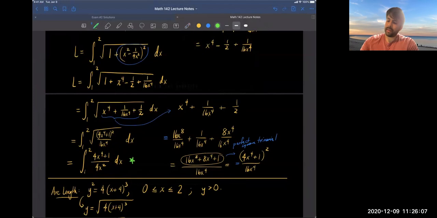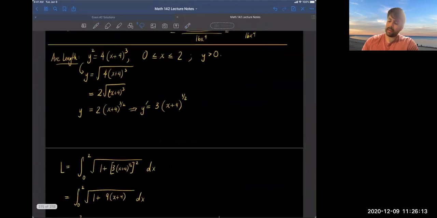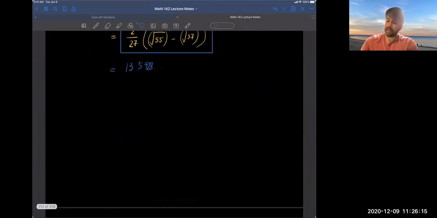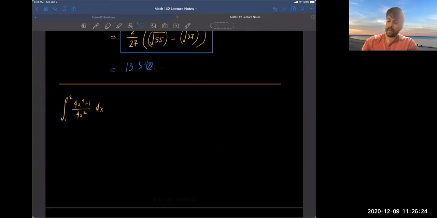Let me just copy this. Anybody know how to integrate this?